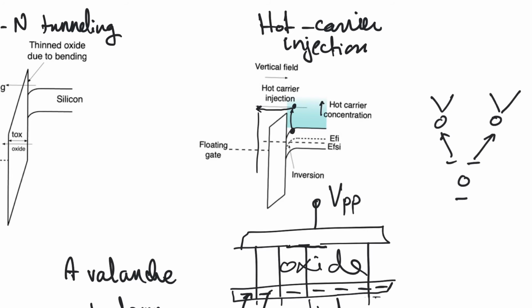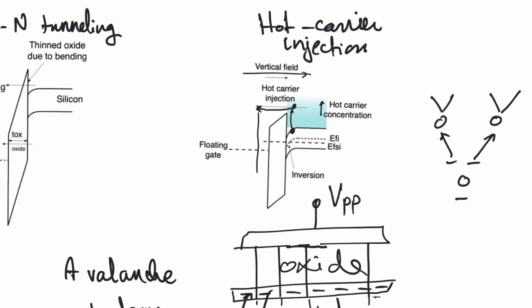They are high in the conduction band, high enough to overcome the barrier of the silicon dioxide, and so they can move through the oxide. But in order for them to flow through the oxide, there has to be an electric field. And this electric field, this vertical field, is applied again through the control gate. And so this imposes a vertical field that promotes the motion of electrons into the floating gate.